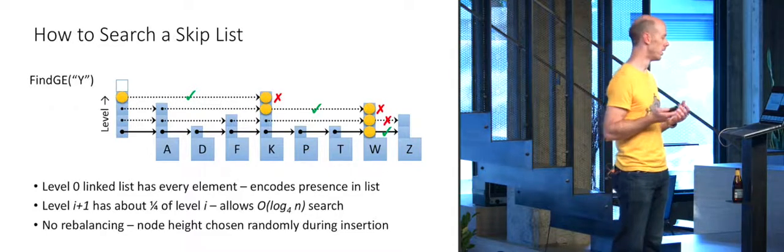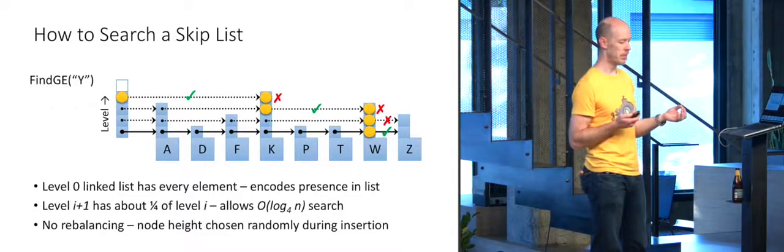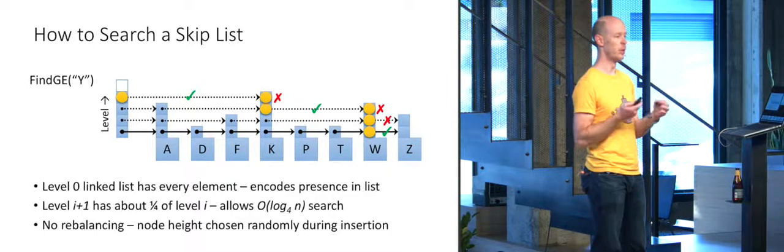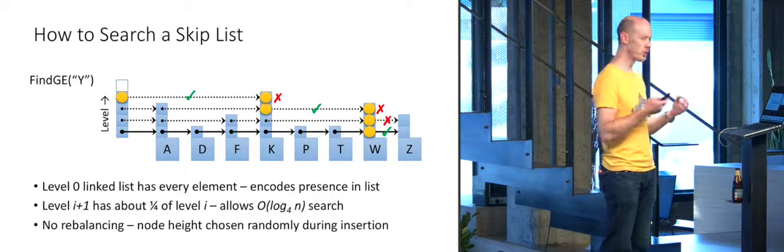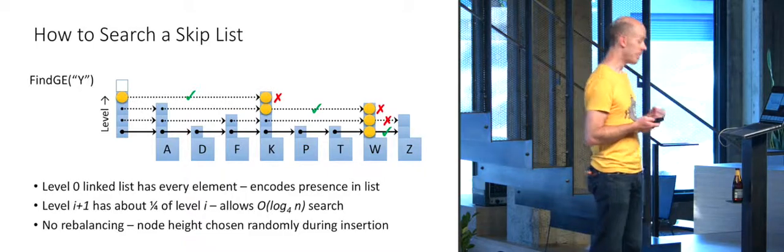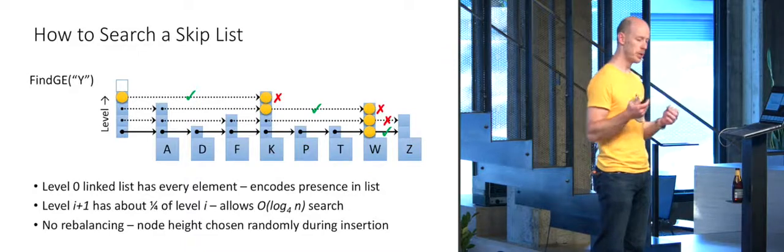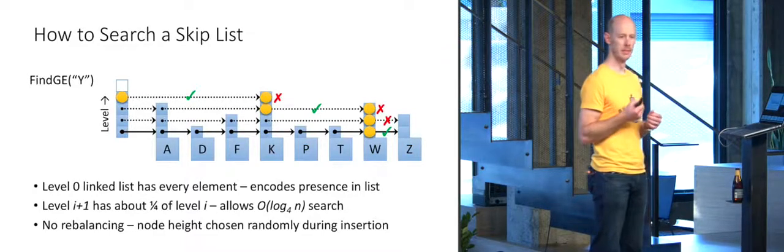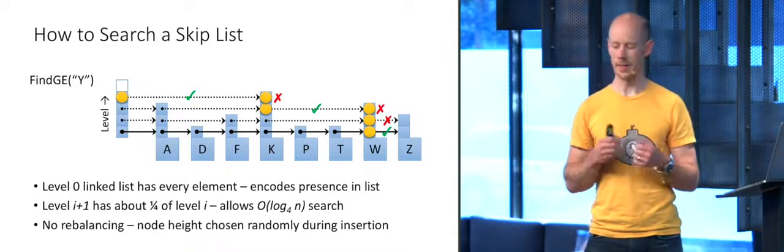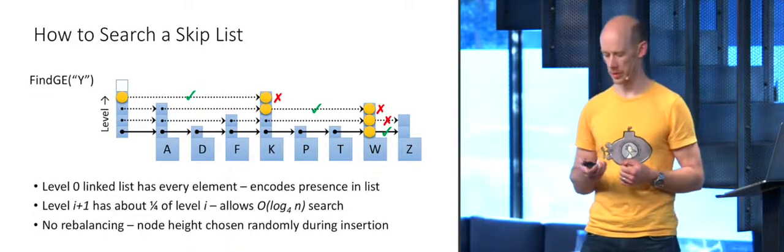They're not required for the data structure to give the right answer. They're just required for it to do so in O(log n) time. And there's no rebalancing or anything like that. This makes it very suitable as a concurrent data structure, because balancing operations involve changing multiple links at the same time, and that's the essence of things that are hard to do in a lock-free fashion.